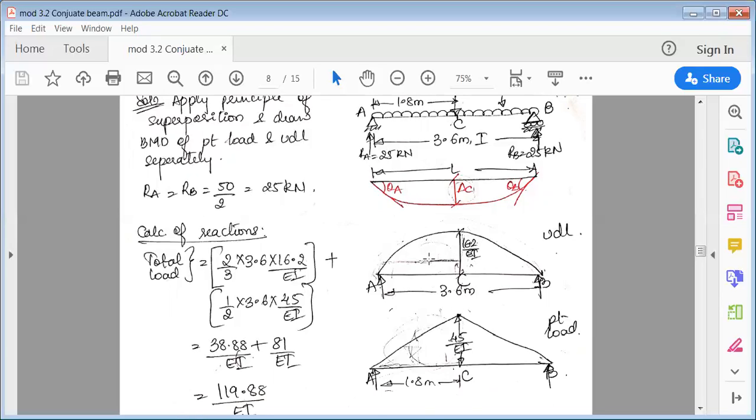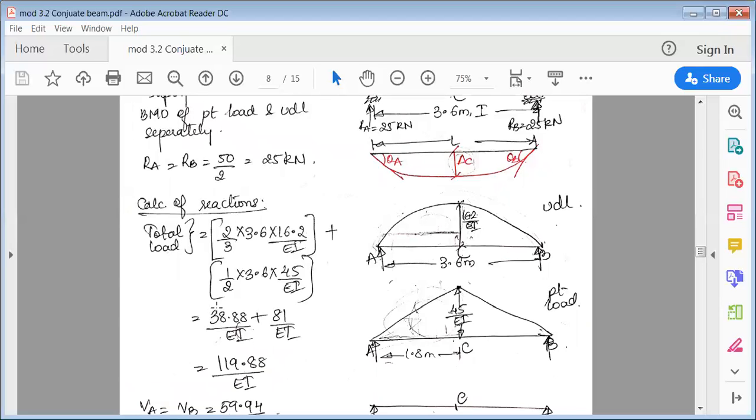Next, similarly, area of a triangle is half into base 3.6 into height 45 over EI. So 119.88 over EI is the total load because of these two loads, which is acting downward. Now this gets equally distributed on the left and right.